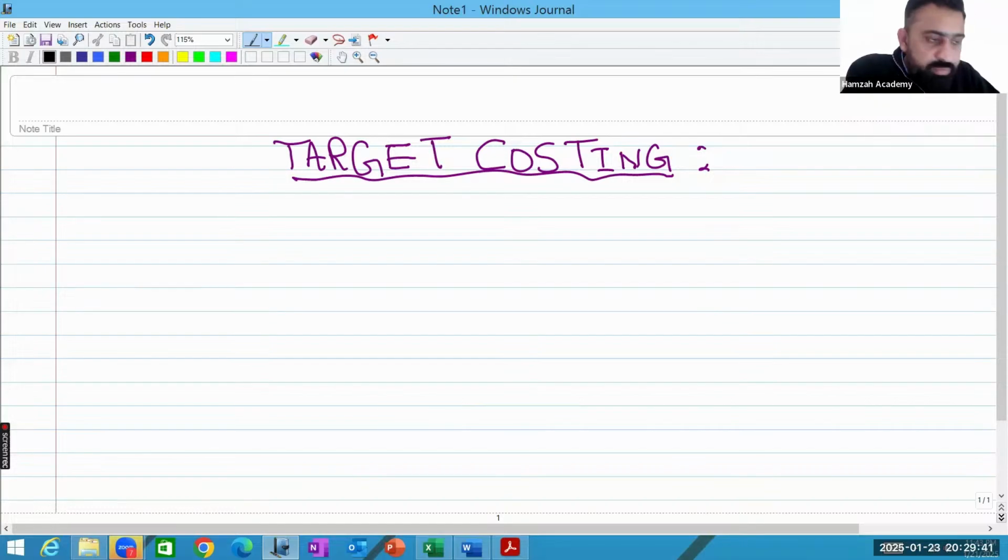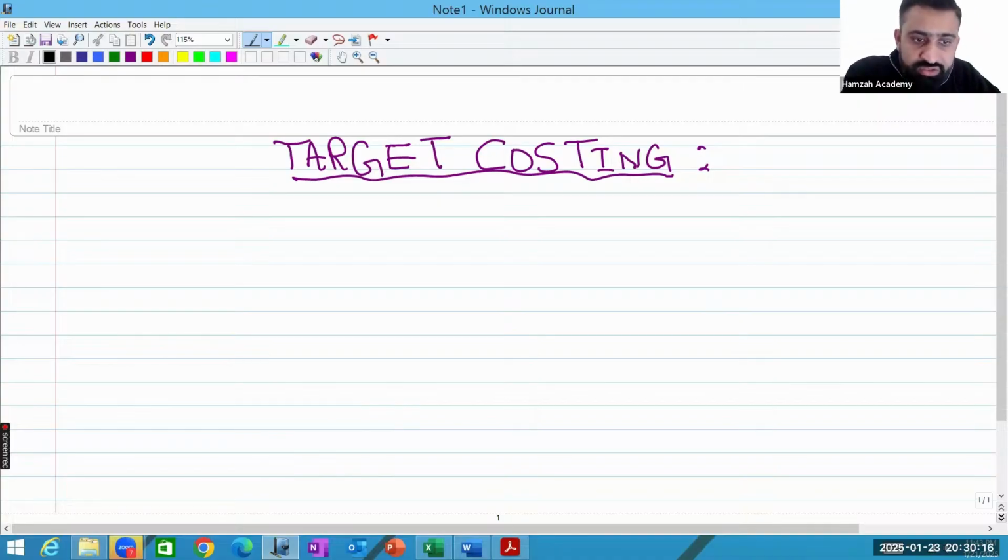But with the development in our industry, with increase in trade among different countries, with multinational companies opening around the globe, there was an increase in competition. And when there is an increase in competition, you cannot sell a product above a certain price.